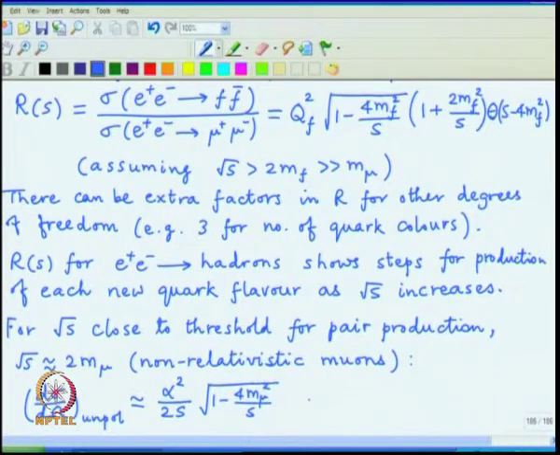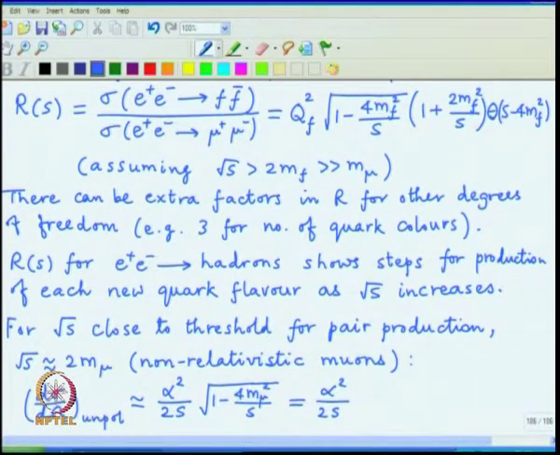And the angular dependence, explicitly the cosine square theta term, had a factor of s by 4 minus m mu square, and that factor basically becomes 0 in this particular case. So, this is actually all that remains of the cross section, which can be rewritten as alpha square by 2s.